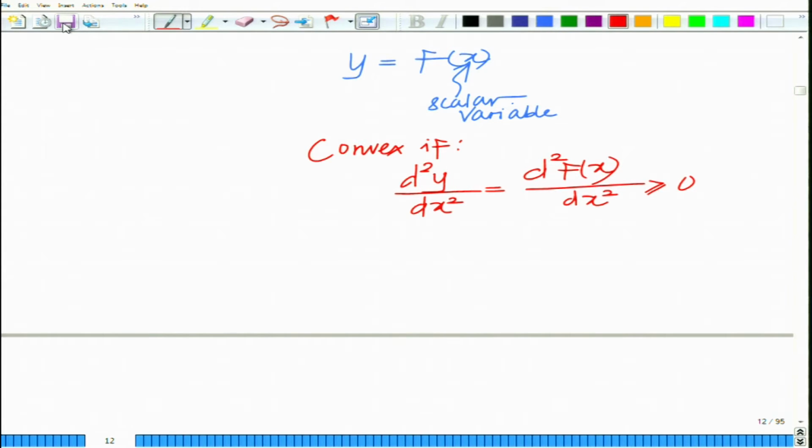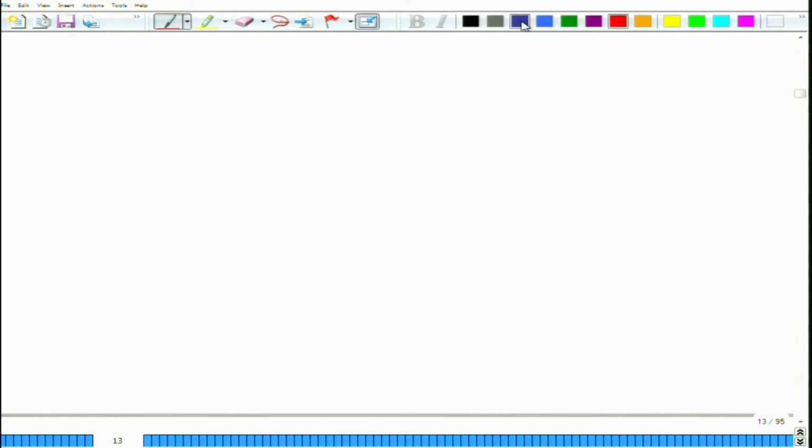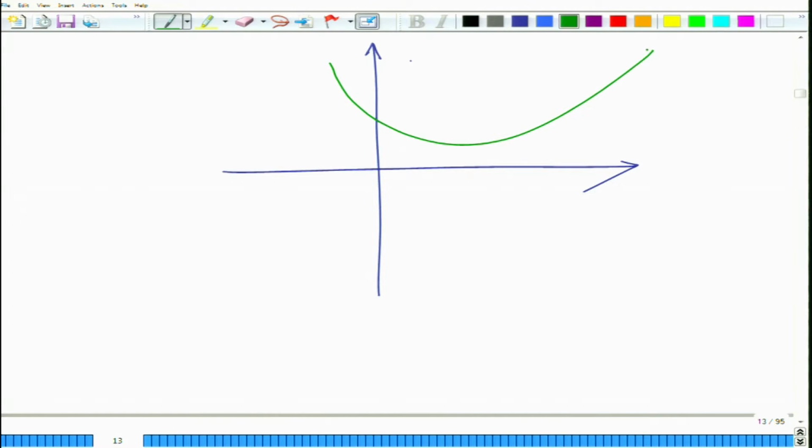Okay. And this can be understood as follows. For instance, if you plot a convex function, now what you will see is, if you look at the derivative of the function at different points, which is nothing but the slope.